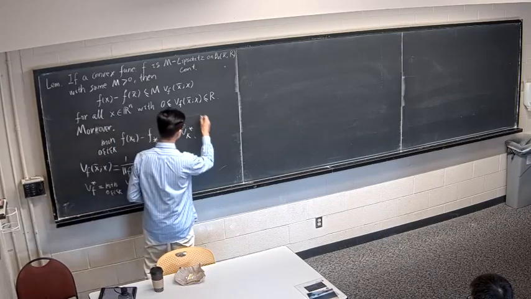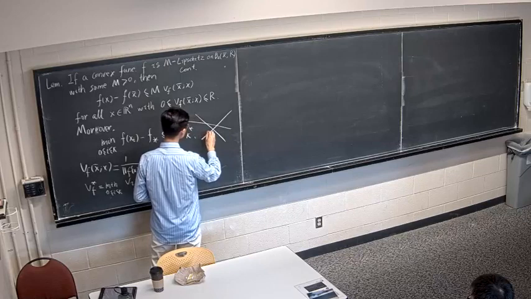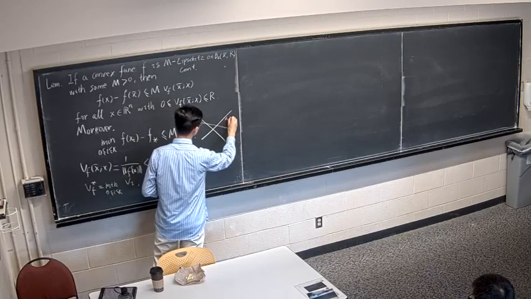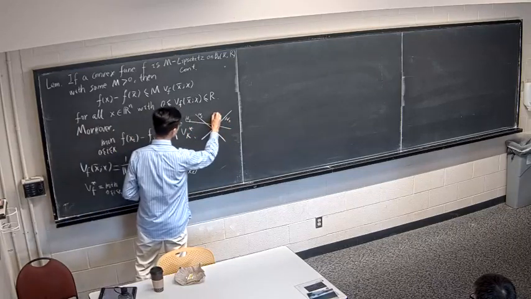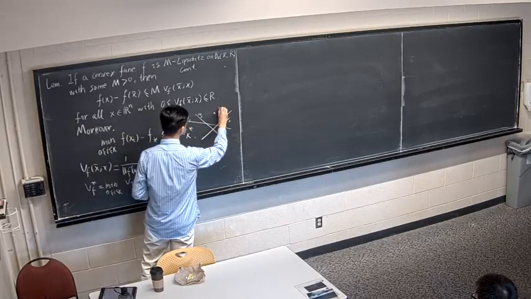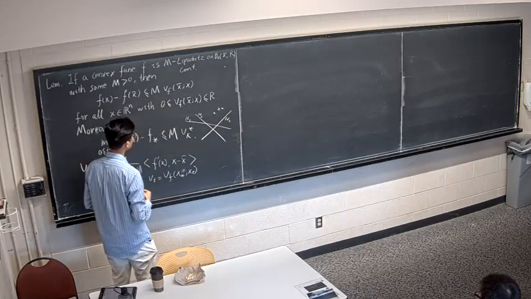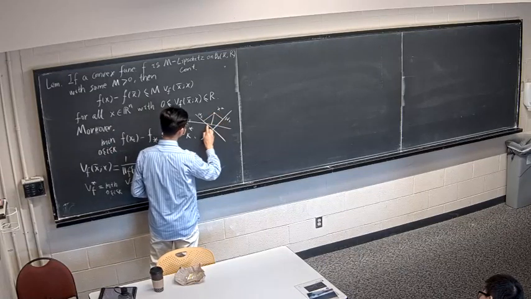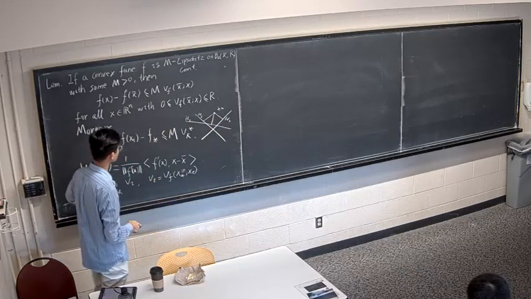Suppose I have many hyperplanes, this is h1, h2, h3. Here is my point, x star. For my point x star, I have different vi's, right? v2, v1, v3. So this is the minimum among the 3.